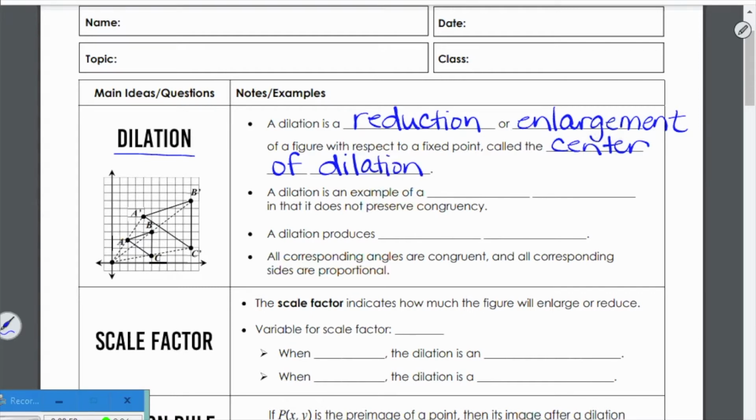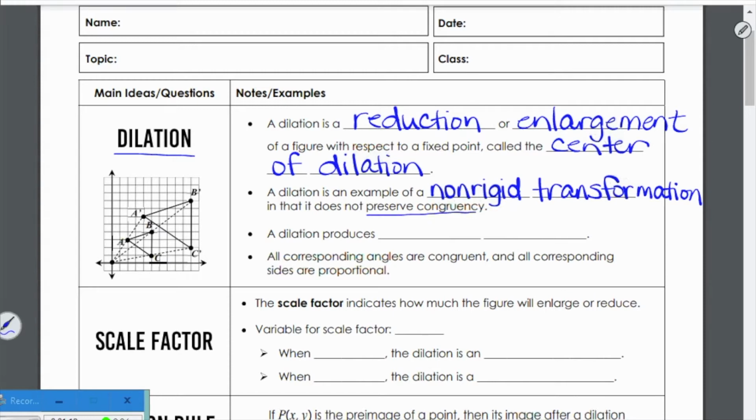Okay, and a dilation is an example of a non-rigid transformation. What that means is the shape is going to change size. It's not going to preserve congruency.